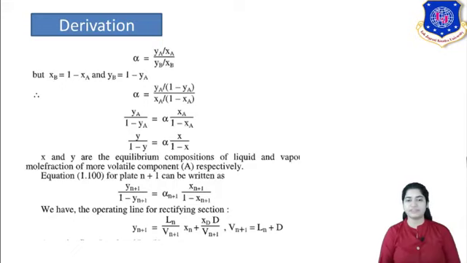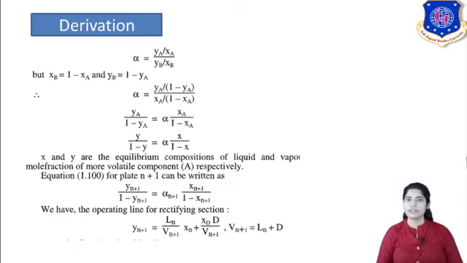So the derivation starts as, first of all, what is the definition of your relative volatility? The first step is to write the expression of relative volatility. So it is (Ya upon Xa) whole upon (Yb upon Xb). Now you are substituting Xb, writing the total in form of A, with respect to the more volatile component. So the final form is y upon 1 minus y is equal to alpha into x upon 1 minus x.